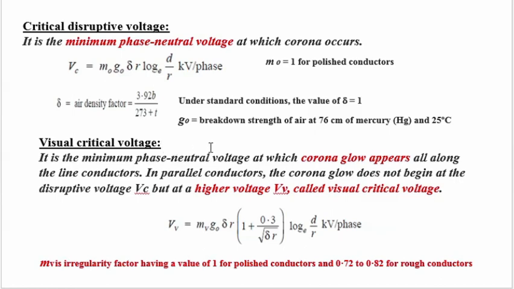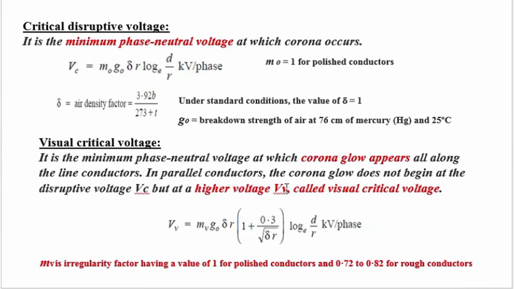In parallel conductors, the corona effect does not begin at disruptive voltage, but we need a higher voltage for corona formation, and that higher voltage is known as visual theoretical voltage, denoted by VV.